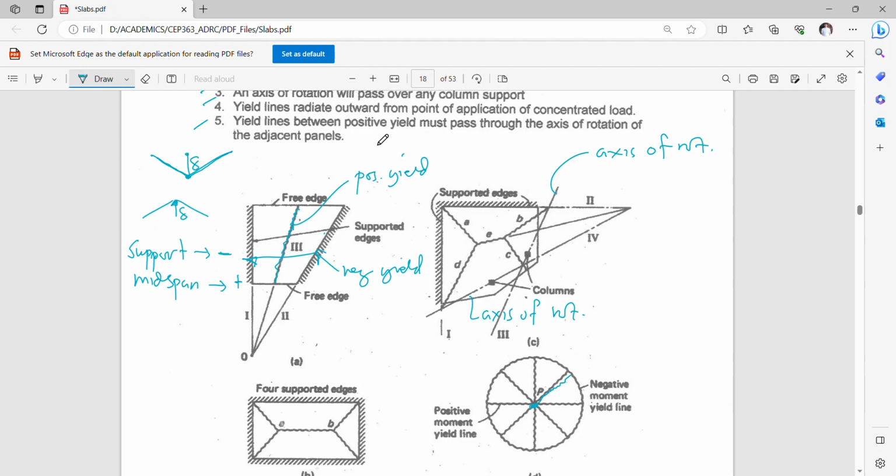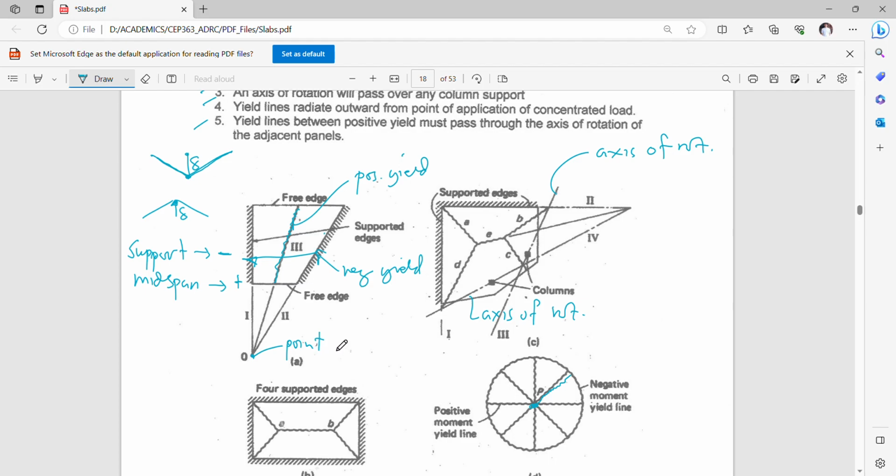Okay, so for these positive yield lines in between the other yield lines, they have to pass through the axis of rotation of the adjacent panel. So if these are the two adjacent panels, this must pass at the negative yield lines there. So there's a point of intersection defined at this point.